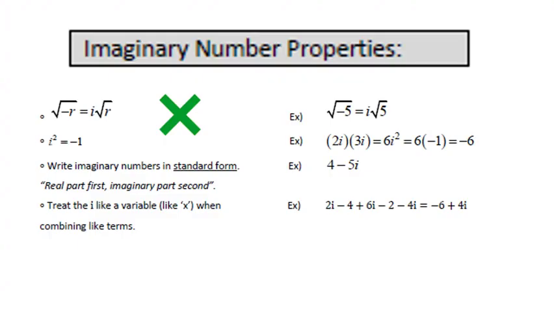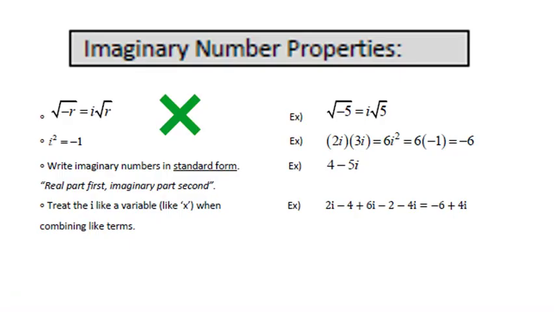This is like negative 1 times the square root of r. What's another name for the square root of negative 1? It's i. So you pull the i out front with the square root of r. Also remember this: i squared equals negative 1. If you see an i squared, substitute in negative 1 and solve.